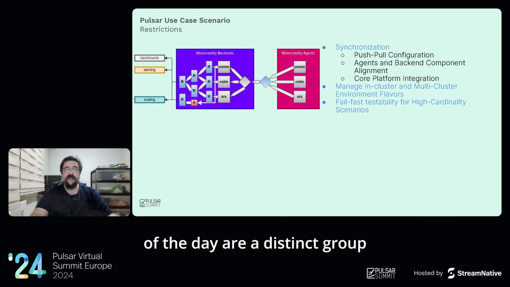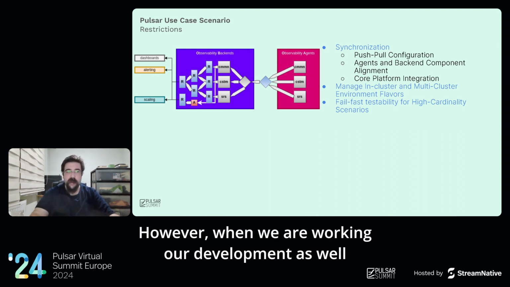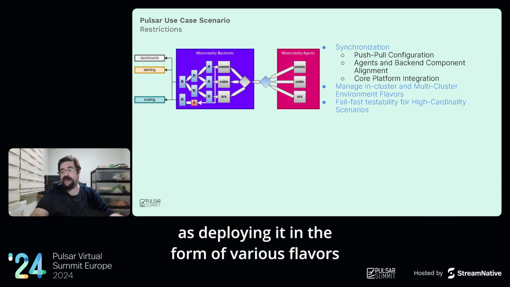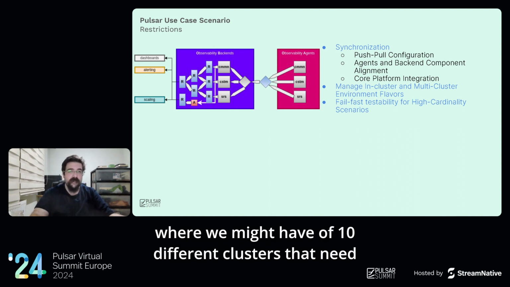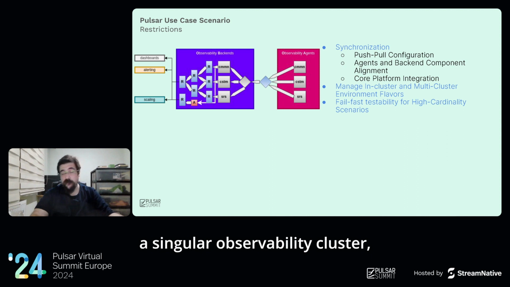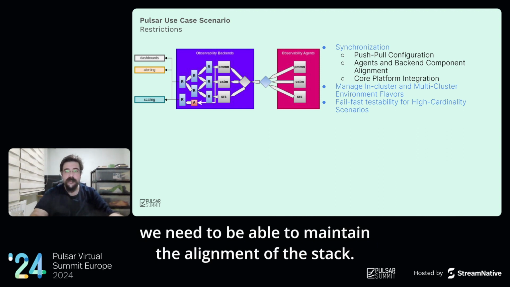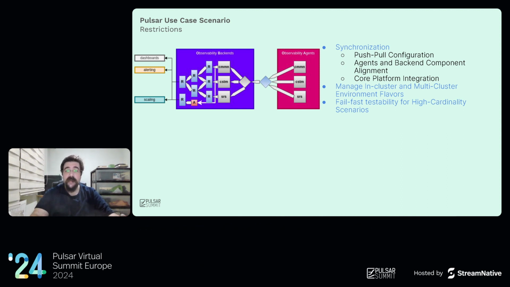So this, at the end of the day, is a distinct group of components that form a stack. However, when we are doing our development as well as deploying it in various flavors, where we might have upwards of 10 different clusters submitting all this data into a singular observability cluster, or just a standard in-cluster form, we need to be able to maintain the alignment of the stack.